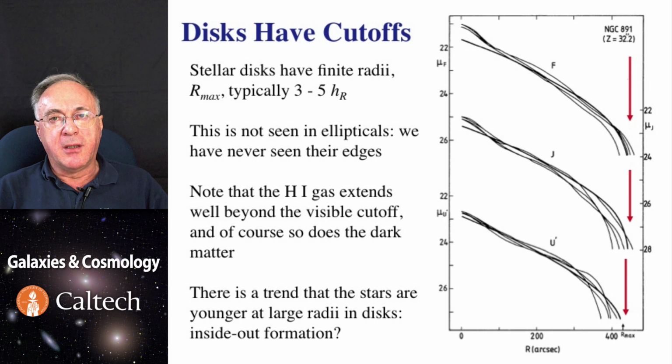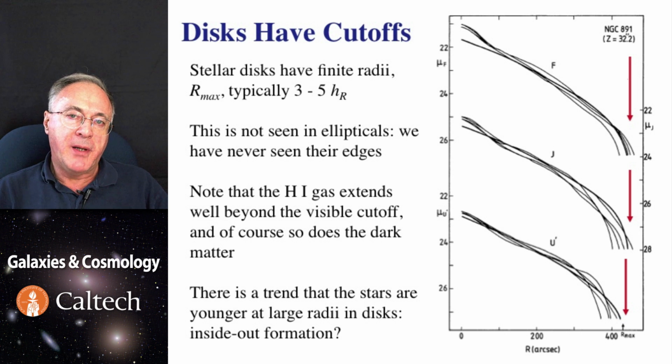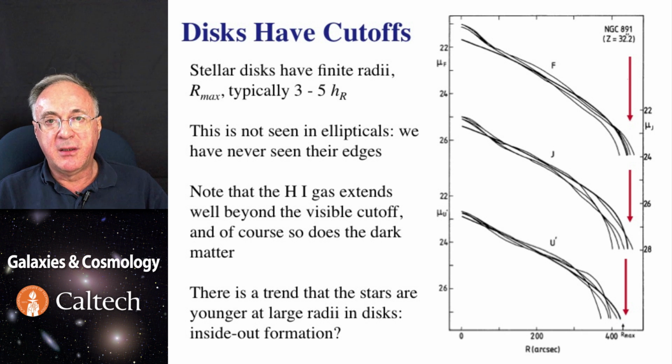So one interesting thing about spiral galaxies is that their disks have cutoffs. They do have an edge. Past a certain radius, there are no more stars. However, hydrogen, from which stars are made, usually extends further, and the dark halo further yet. So that suggests that disks may be forming from the inside out in terms of star formation.